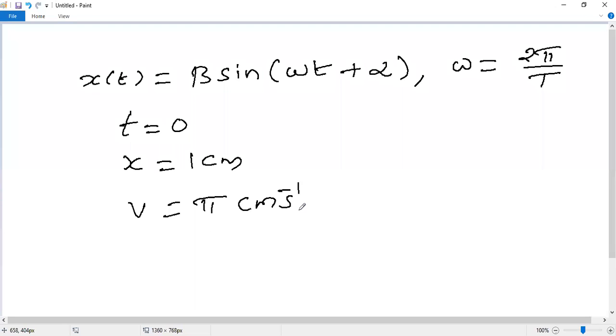The angular frequency of the particle is pi second inverse. So this is a question. We want to calculate amplitude.